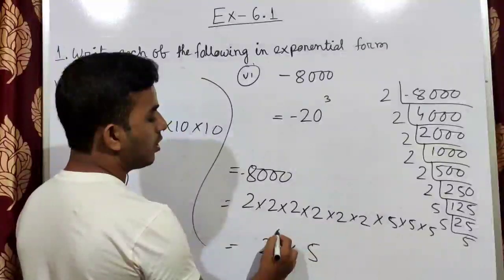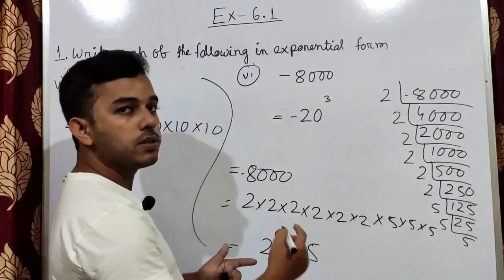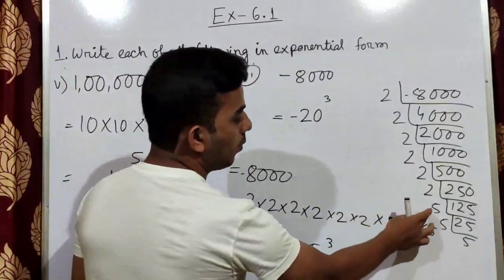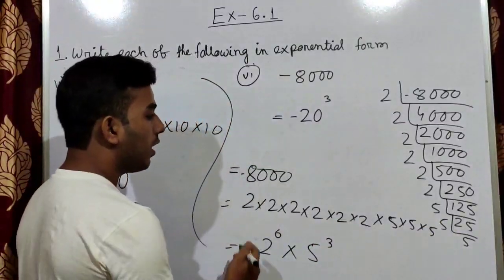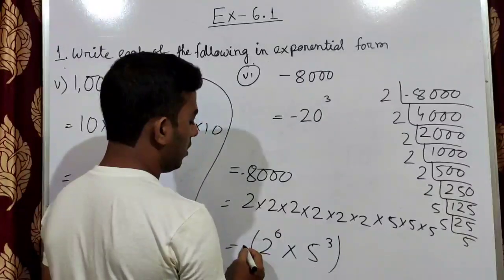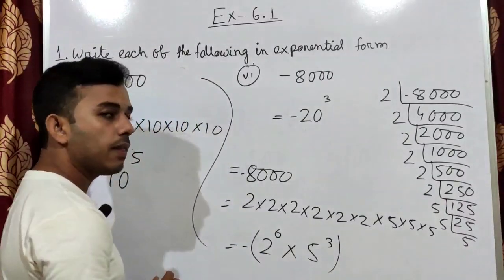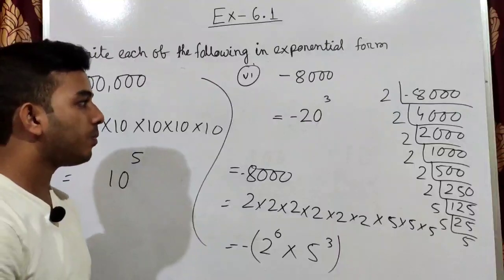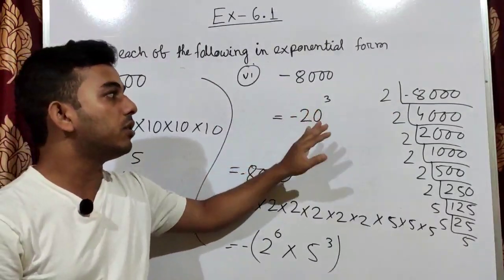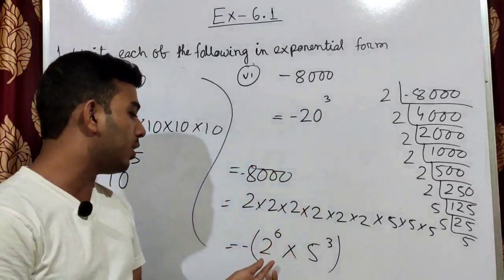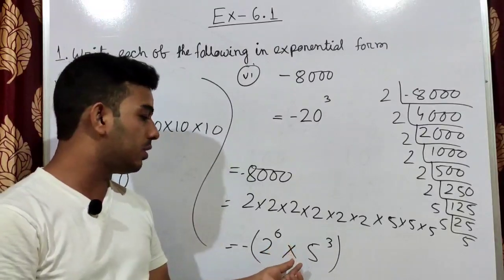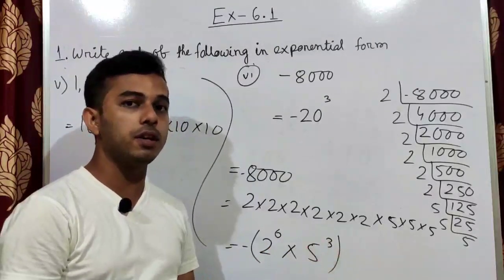So we will write 2 to the power 6 and 5 how many times? 1 2 3. So we have written 3. Now as there was minus in front, it will be minus. Clear? We can write minus 8000 as minus 20 cube as well as minus 2 to the power 6 into 5 to the power 3. Clear?